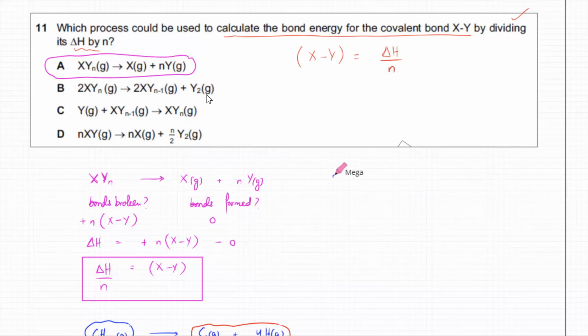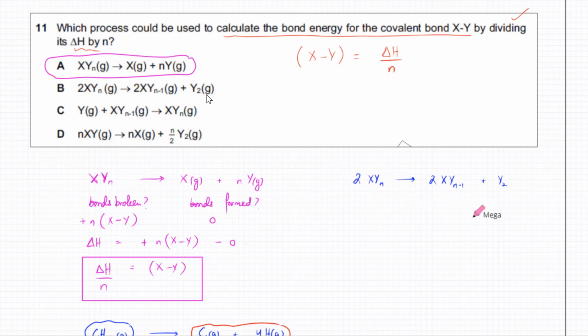So it's 2 molecules of XYN gaseous, and there's 2XY, and there is N minus 1, and then you've got a Y2, which is gaseous. Forget the state symbols, all of them are gaseous, so you have to use bond energies.